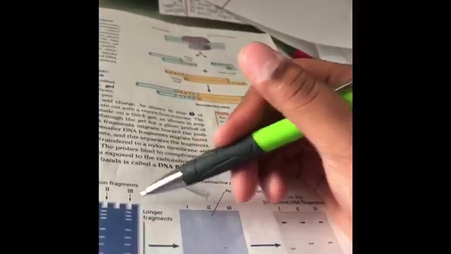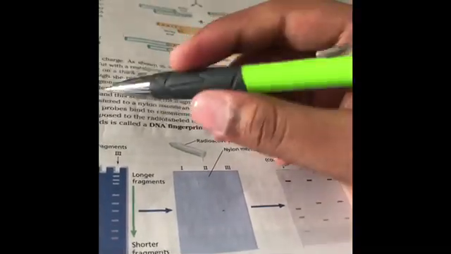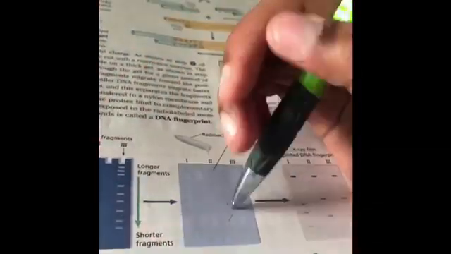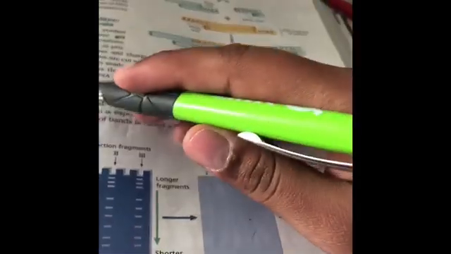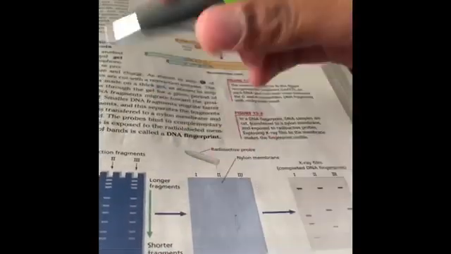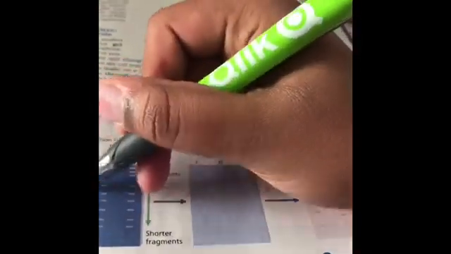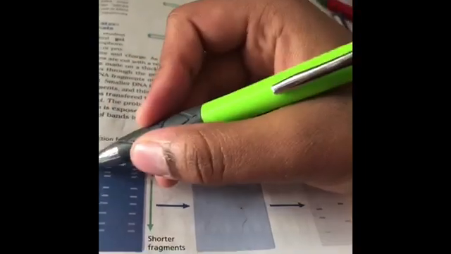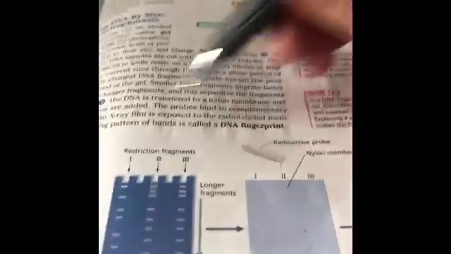So as you add charge, the smaller and shorter the fragment is, the farther and faster it goes, while the longer fragments of DNA go slower and don't go as far, so they stay kind of where you placed them in the well, while the shorter fragments move farther. And this separates the fragments by size.